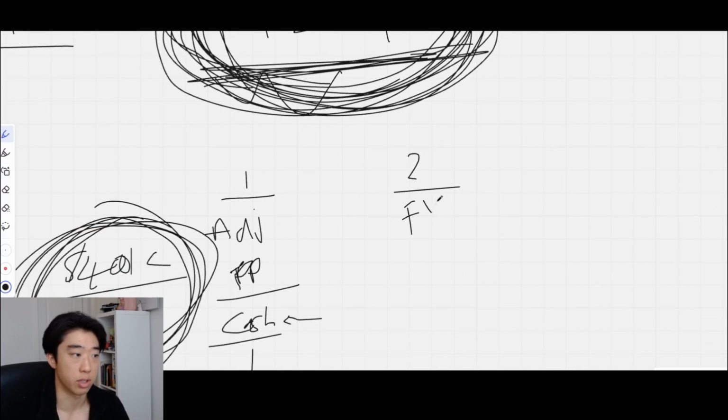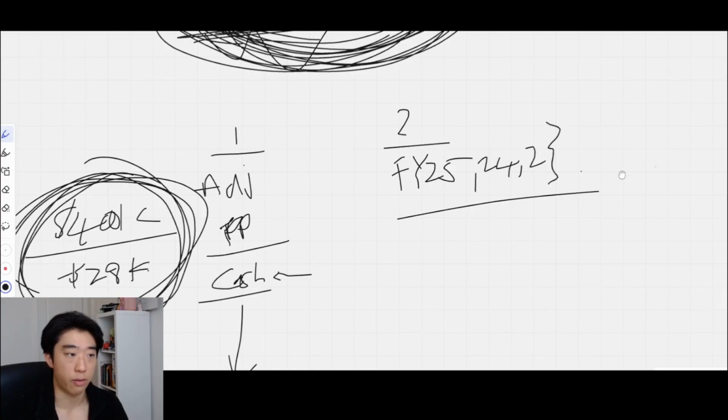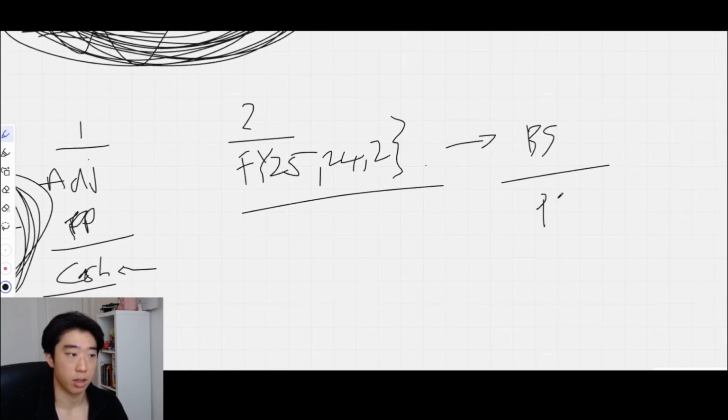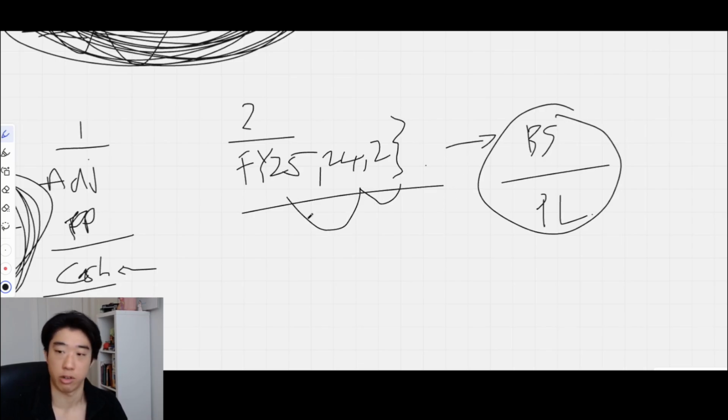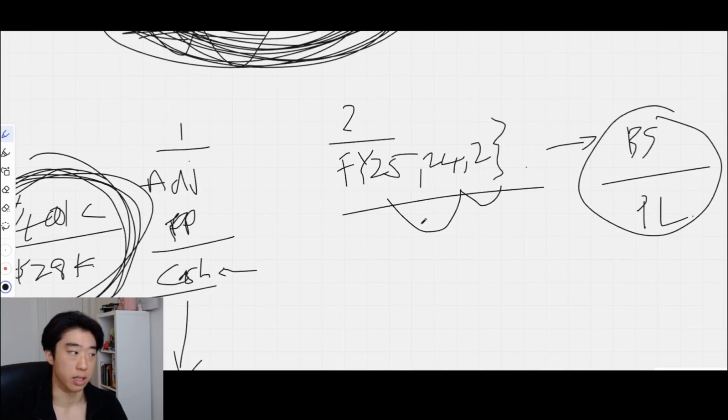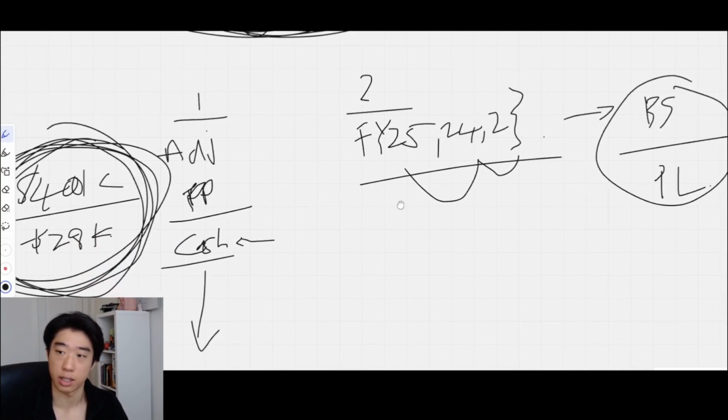So you want to see FY 25, 24, 23, right? The difference on the balance sheet and the profit and loss and the movements across the years. That's typically how you find the general pattern, general trend with the unearned income.